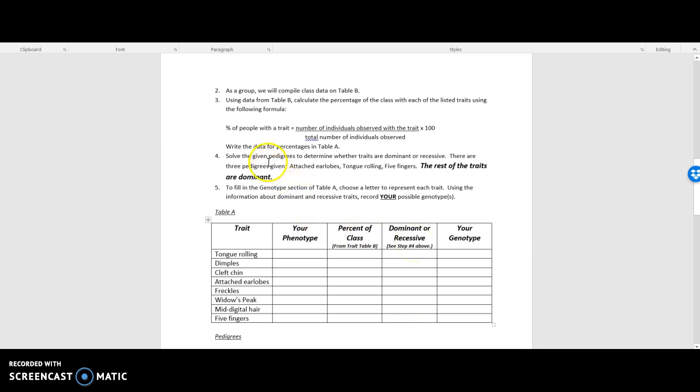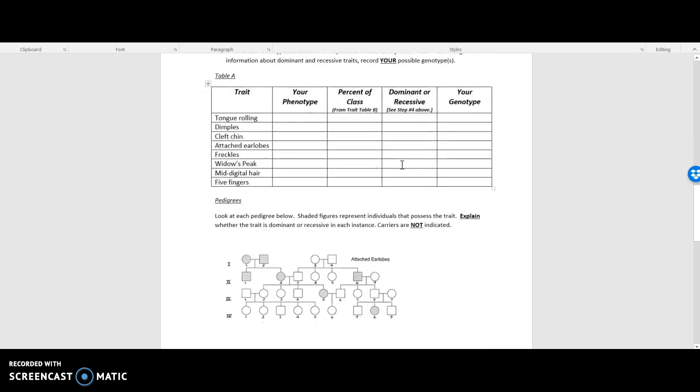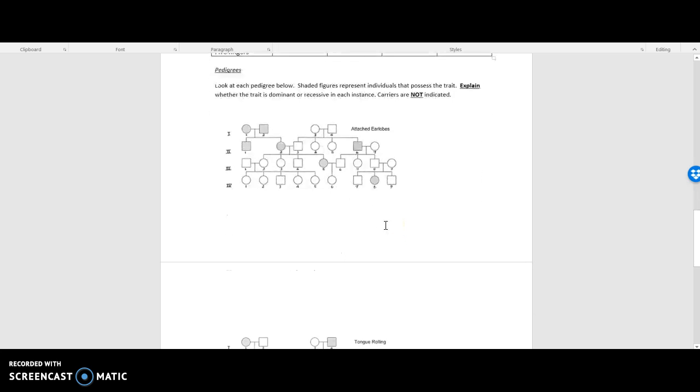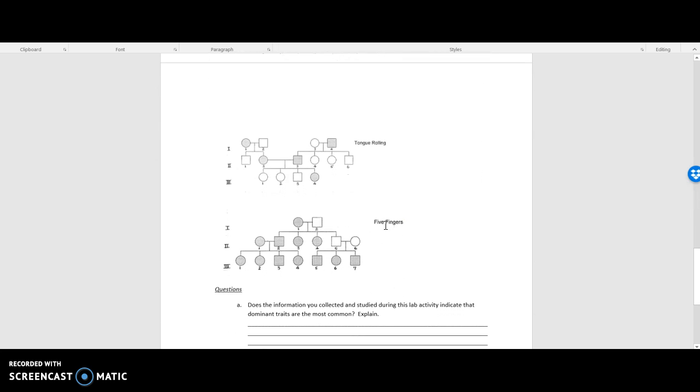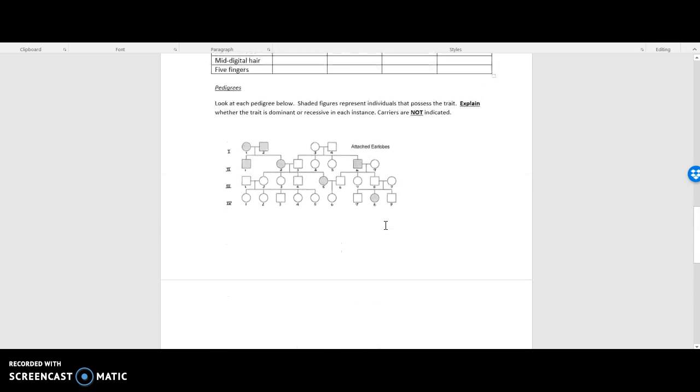If you take a look at this column here, this is where people have probably the most confusion. If you look at step 4, you have 3 pedigrees that you need to solve: attached earlobes, tongue rolling, 5 fingers. Those pedigrees are shown at the bottom of the second page and the top of the third page. Use the information that we've talked about.